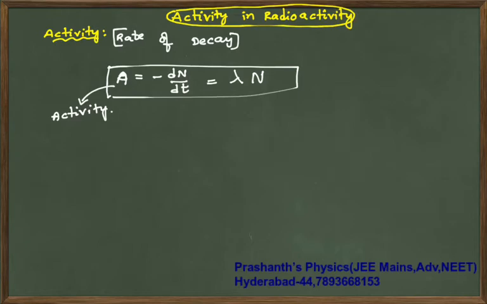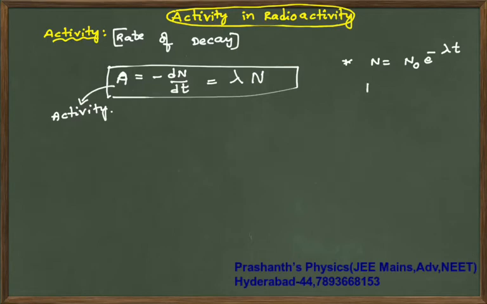Now if I try to represent these terms, we know that n is n naught times e power minus lambda t, where n naught is the initial number of nuclei and n is the number of undecayed nuclei after time t.